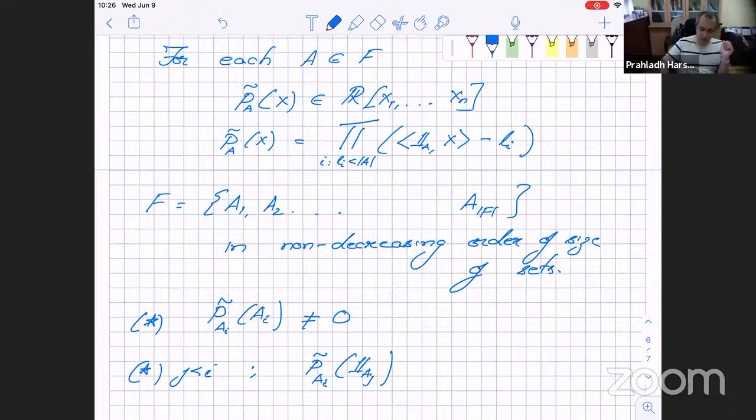So then this is what? This is 0. So what I want to say is, these two observations together, what do you say? These functions P tilde A, which I viewed as functions, form a sort of triangular system.